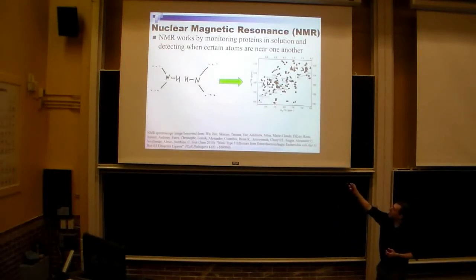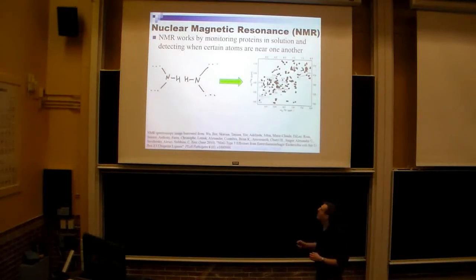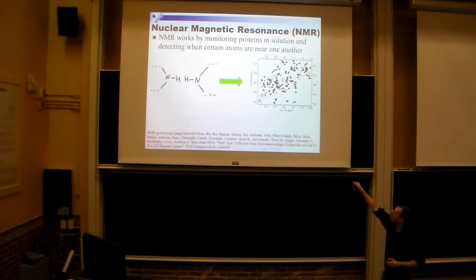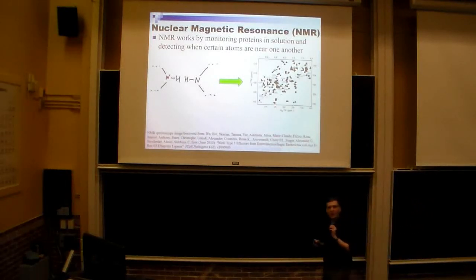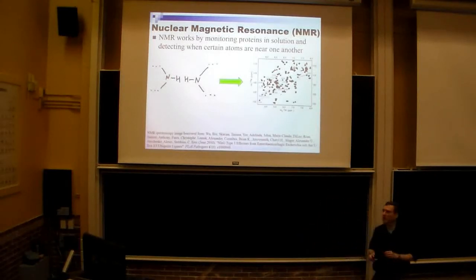So there are different variants of this, but a typical example would be telling you about which of the amino nitrogens are close together in a particular protein structure. And what you get out is a spot pattern like this, where each of these spots is telling you about one of these distance constraints, telling you that there are 2 atoms that happen to be close together in your protein structure.